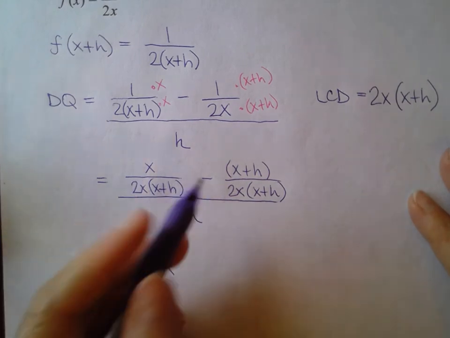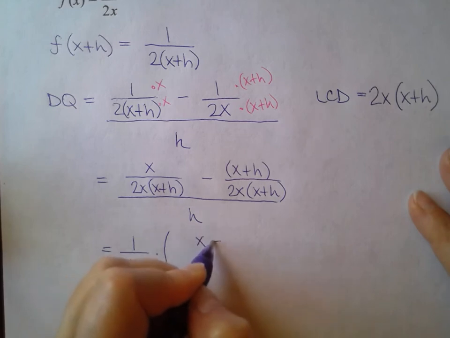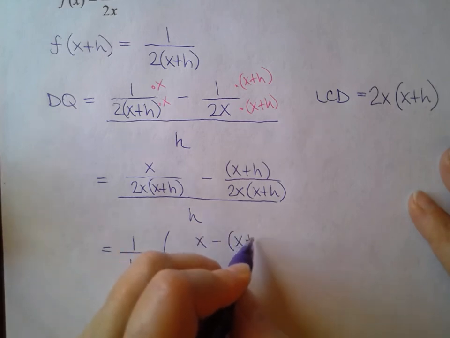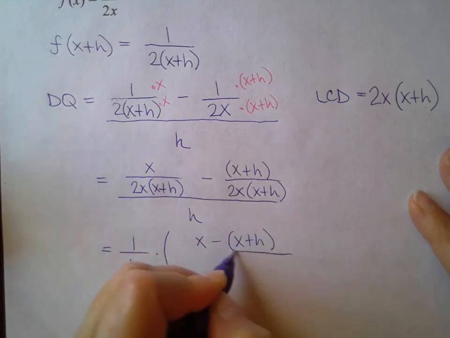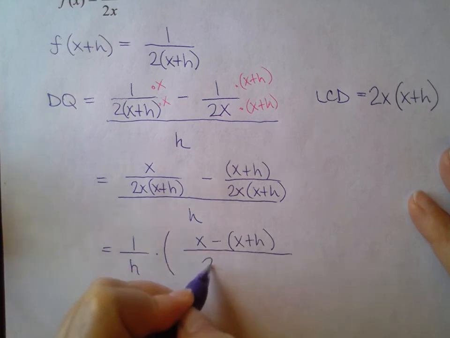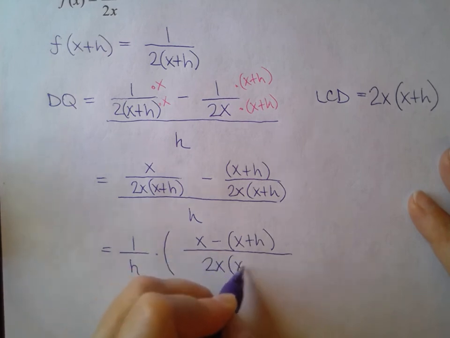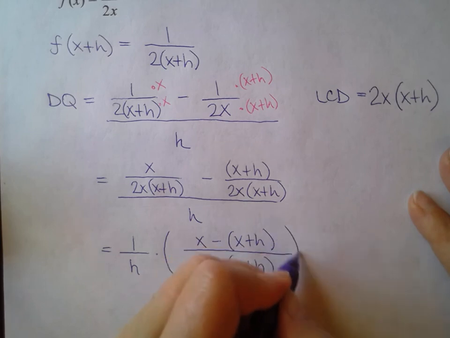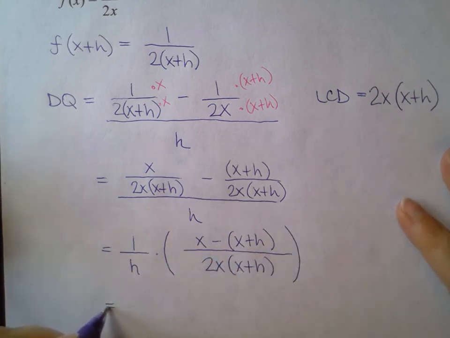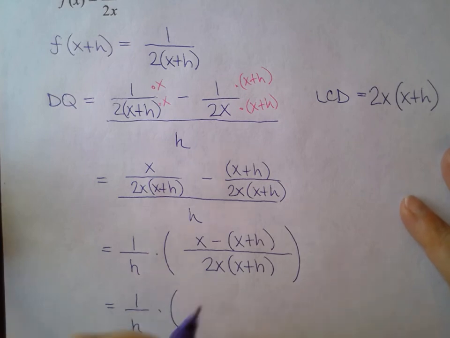Okay, and then I want to subtract these. So really this is x minus x plus h all over the same denominator. And I want to distribute the negative. So that's really x minus x minus h.